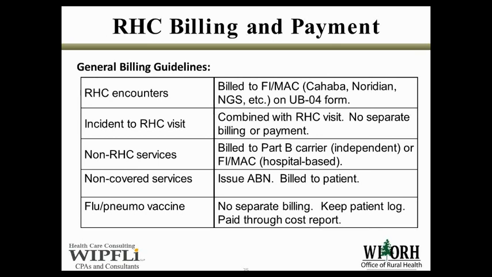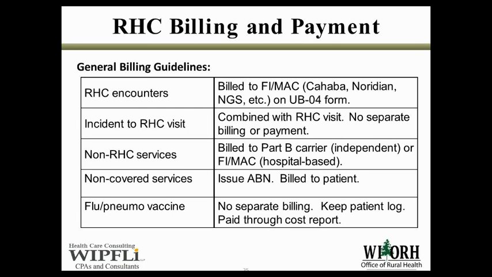Just in general, from a rural health clinic billing perspective, RHC encounters are billed to either a fiscal intermediary or a Medicare contractor, like we said, on that UB04 form as opposed to a CMS 1500 form for non-RHC services. Any services provided incident to that particular visit, injections, supplies, are all combined with that rural health clinic visit, and there is no separate billing or payment for those incident to type services.